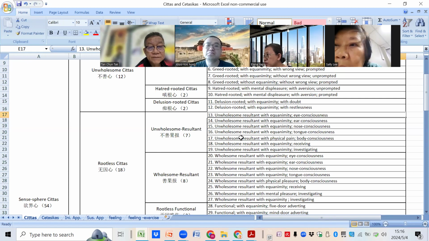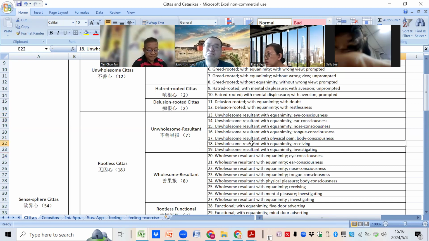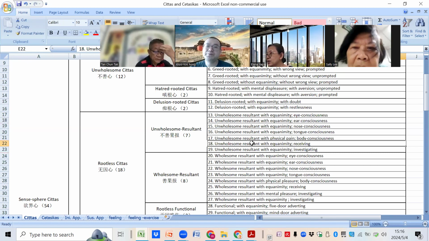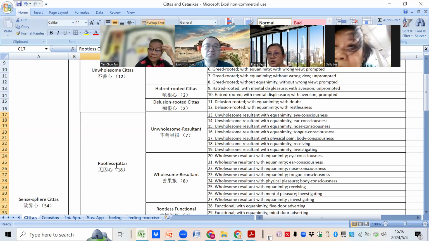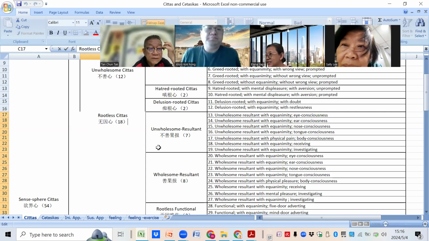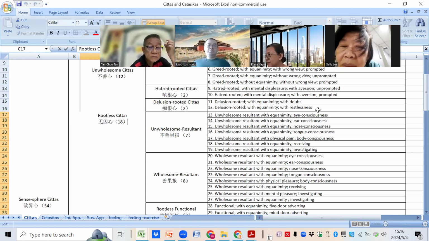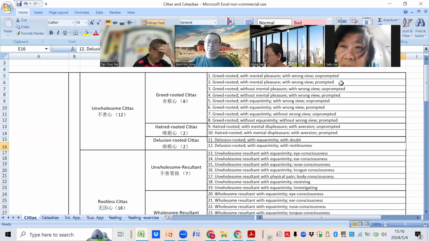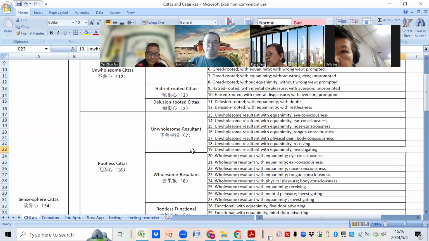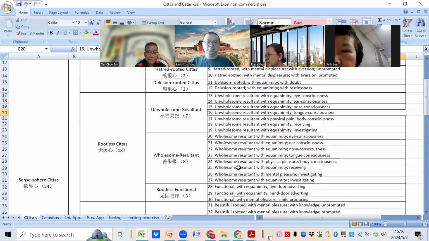Sally, from 13 to 19, do you think they are rooted or unrooted? Yes, unrooted. Why? You see here, we are able to see unroot. This is the rootless Citta, meaning they will be very weak. Okay, Sally, your mind is quite bad because the winds always blow on your mind. All this is considered rootless.